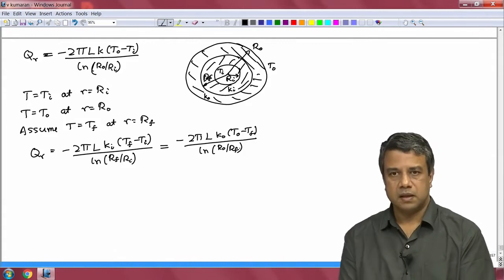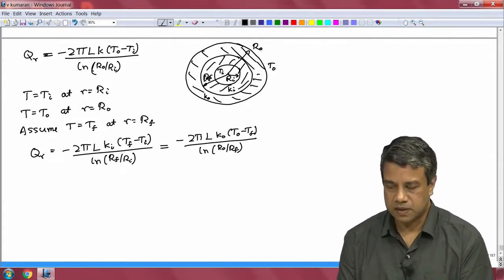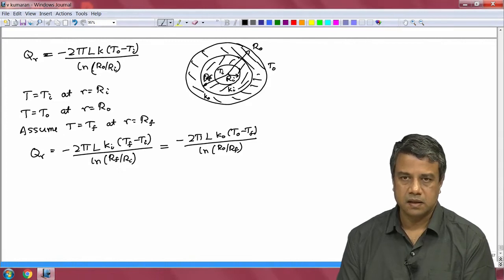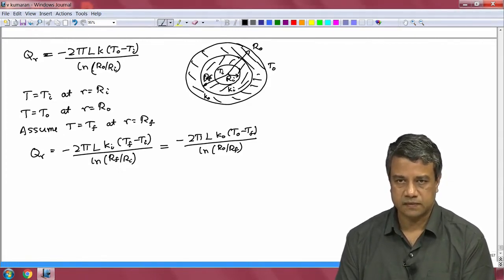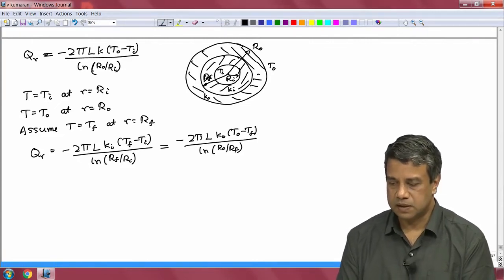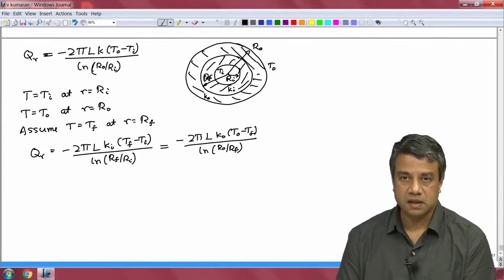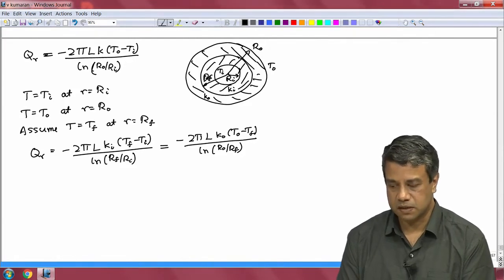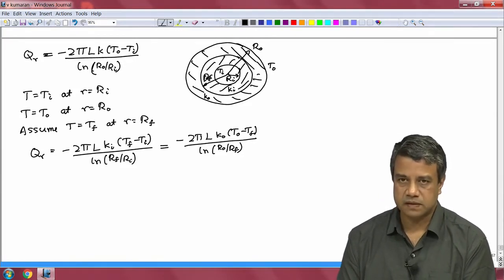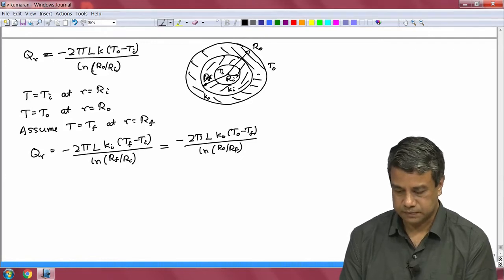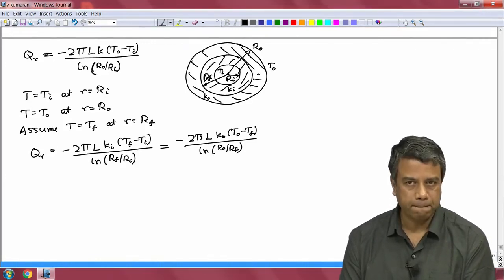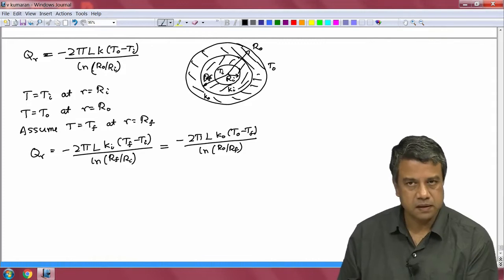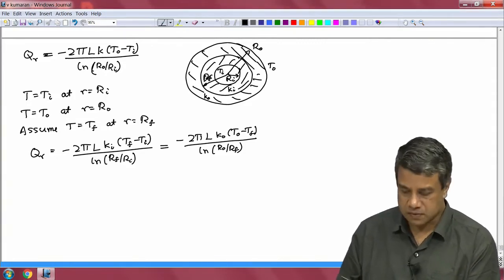In the first case, for the material with conductivity Ki, the inner surface has radius Ri and the outer surface has radius Rf. For the outer material with conductivity Ko, the inner surface has temperature Tf, the outer surface has temperature To, the inner surface has radius Rf, and the outer surface has radius Ro. Therefore, I can get the temperature difference across both of these materials.